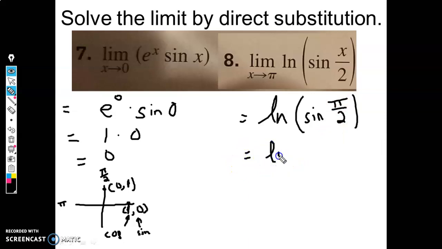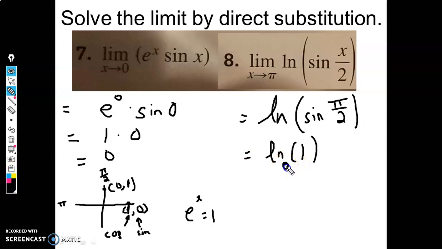So you have natural log of 1. You could use your calculator and type in natural log of 1. But in essence, what you want to think about here is e to what power is equal to 1. Because remember, the base on natural log is e.